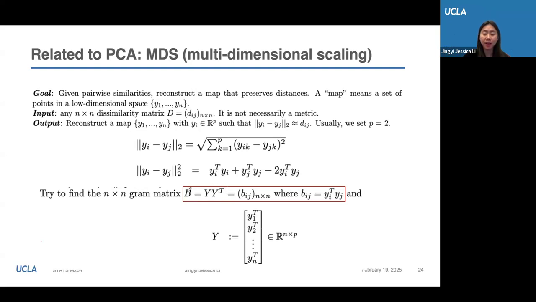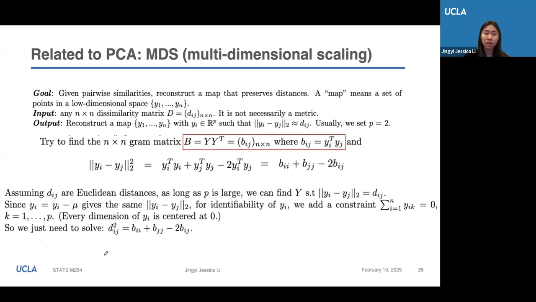So B is an m by n matrix, and here Bij is just yi transpose times yj. The reason we are interested in this matrix is because it contains everything we need in this second equation, right? yi transpose yi is just bii, this is bjj, and this is bij. So if we have that, then it's easy to continue from there.